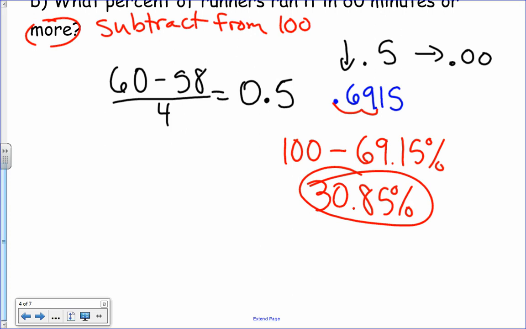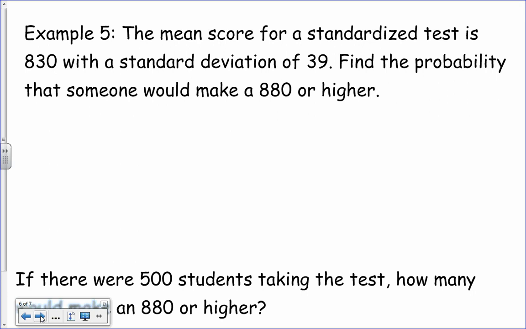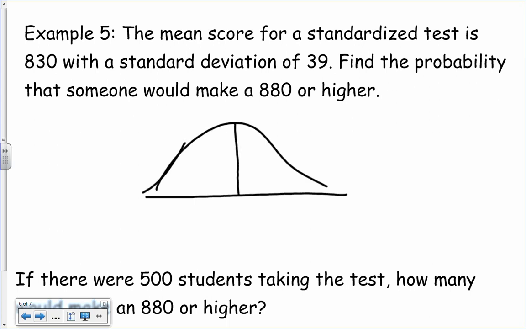All right, flip over to example 5. We'll skip 4. Real quick, make our curve. That's terrible. All right, close enough though. The mean score is 830. Standard deviation is 39. So let's see, I got 869 on my first one, 908 on my second one.